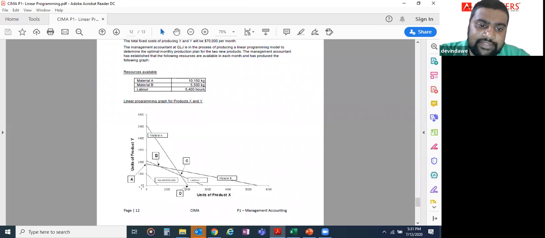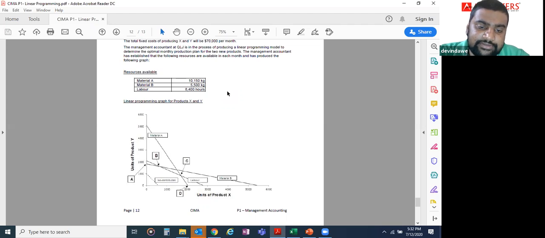And even in the graph, they haven't shown maximum demand for X and Y. So that means the demand for product X and Y is unlimited, and that means the demands for product X and Y are not constraints. So there are no demand constraints. There are only three resource constraints, right? There are three resource constraints and no demand constraints. Clear? Any questions, guys?